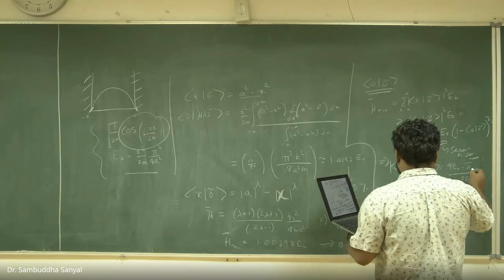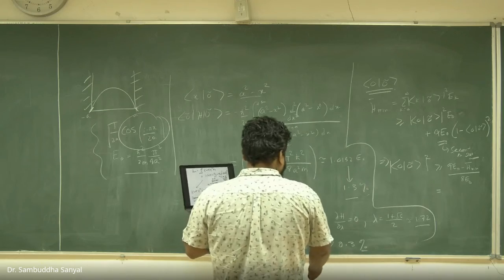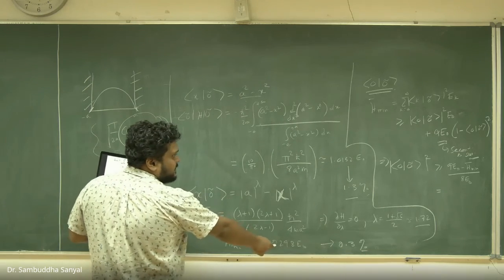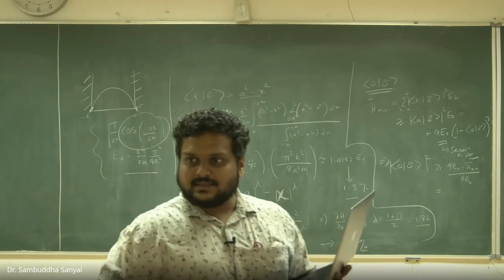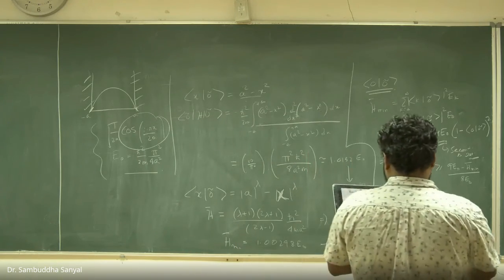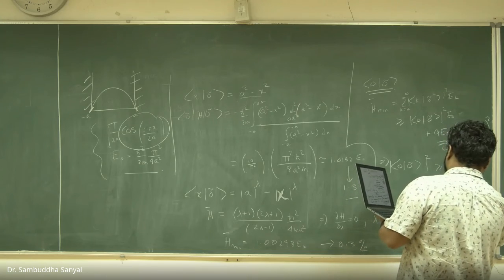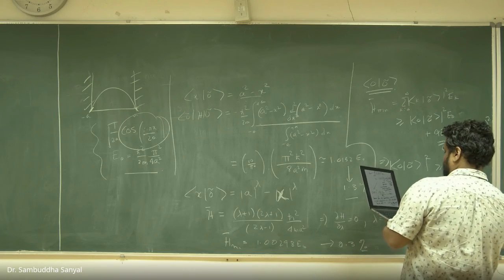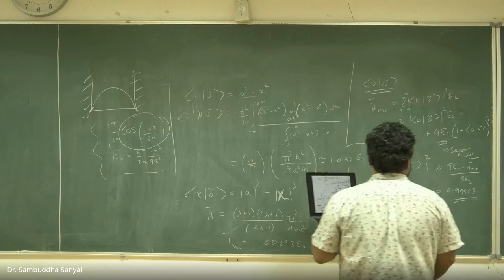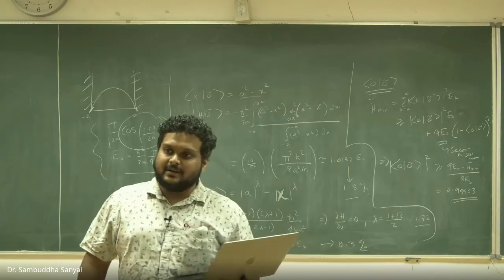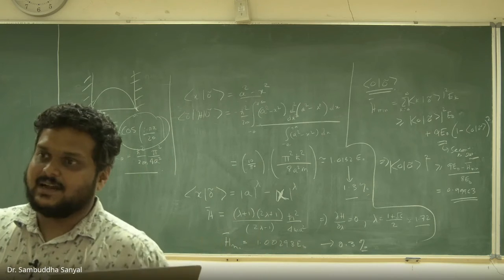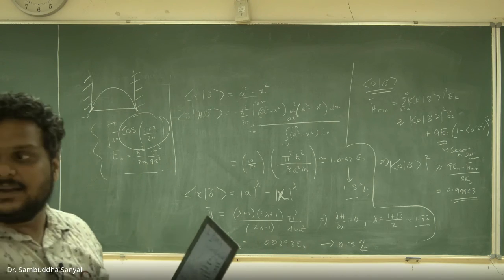H minima is basically 1.00298 E0. It doesn't matter that you don't know E0, it gets cancelled away. So you get 0.99963. Okay. That is pretty satisfactory. It tells you the overlap between the actual ground state and this ground state is 0.99963.